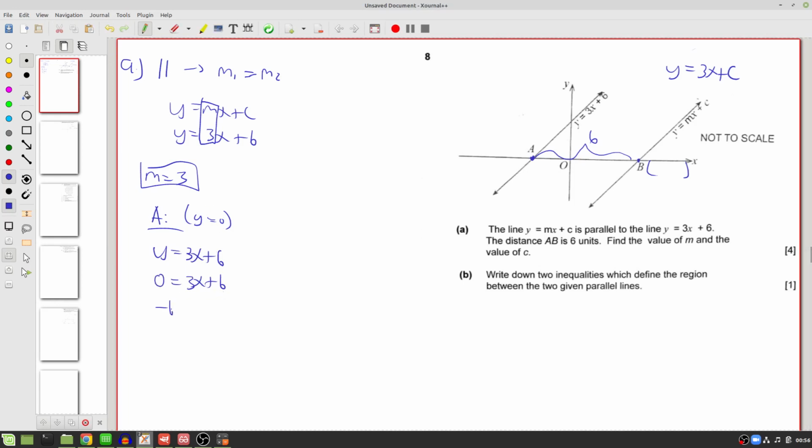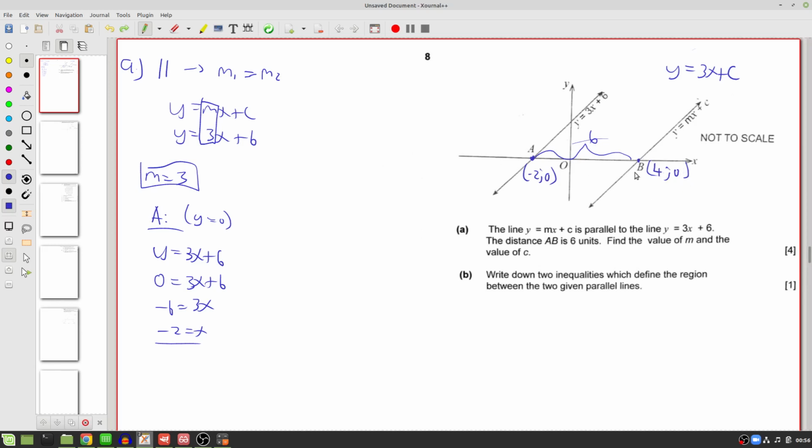Take the 6 over, negative 6 equals 3x, and divide by 3, so we get negative 2 equals x. So the coordinates for A are negative 2 and 0. Now B is also on the x-axis, so the y value doesn't change. All we need to do is move 6 to the right. So negative 2 plus 6 gives us 4. So the coordinates for B are 4, 0.